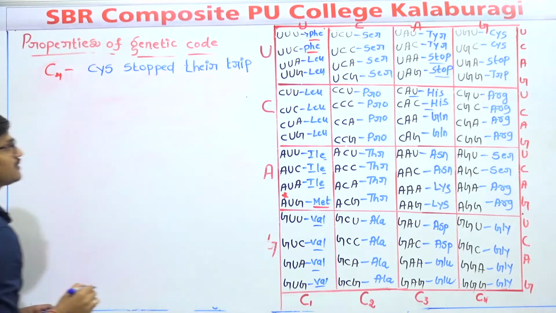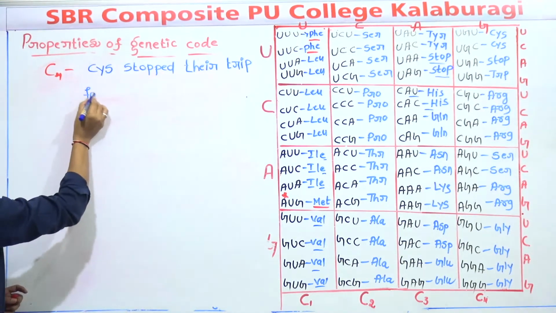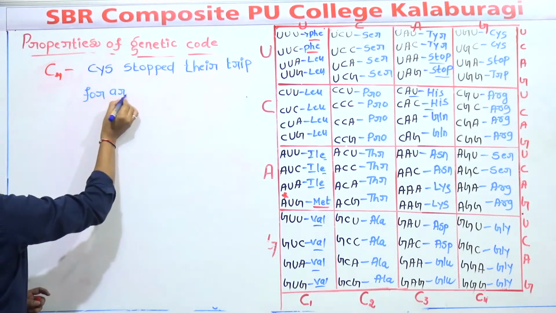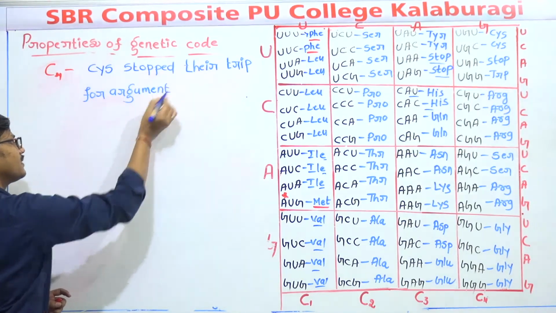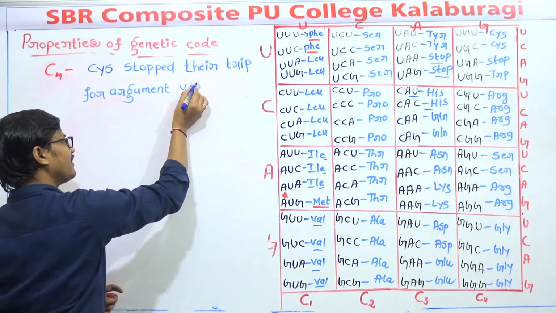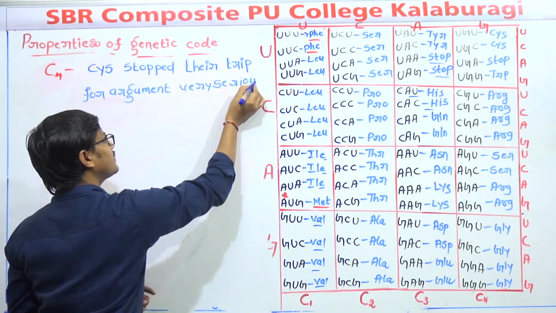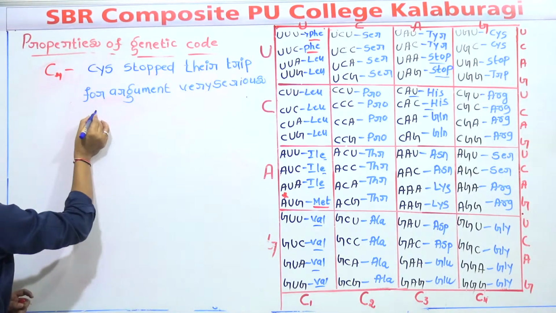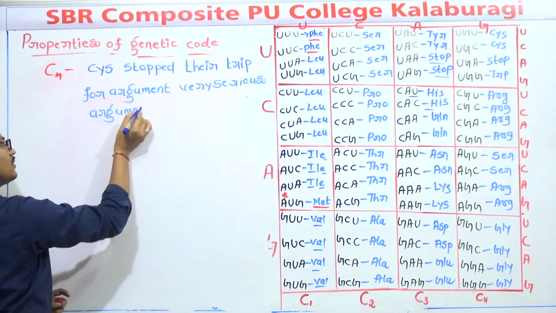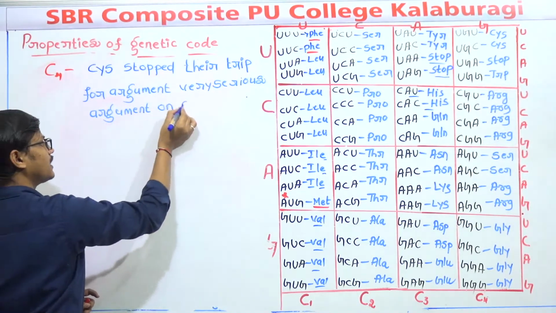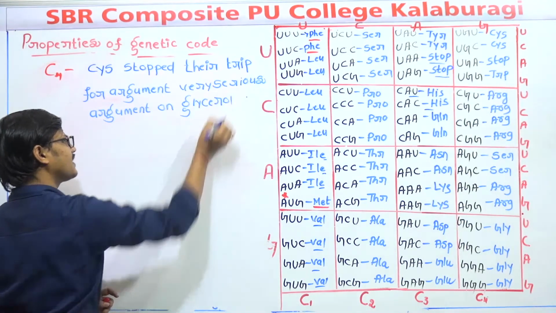Cis stopped, they tip. Why? For argument, very serious argument, on glycine. Glycerol, you can remember this as a glycerol as well.